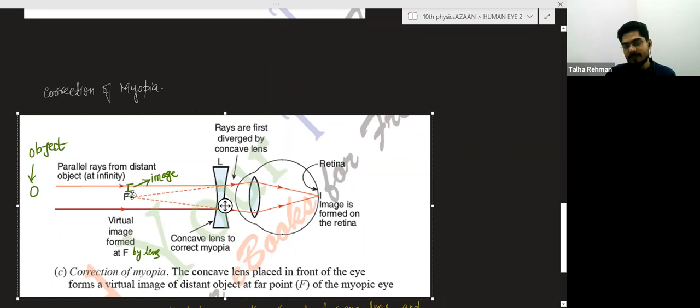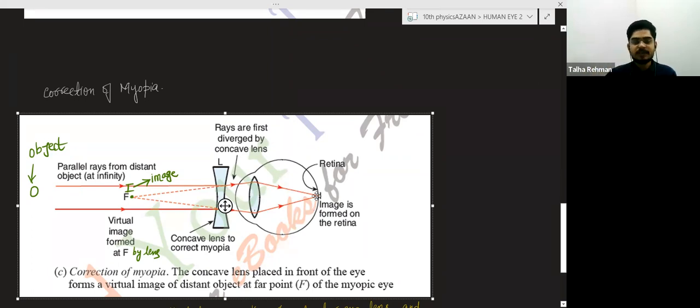So this image will now work as an object for the eye lens. For this object, there will be an image on the retina.